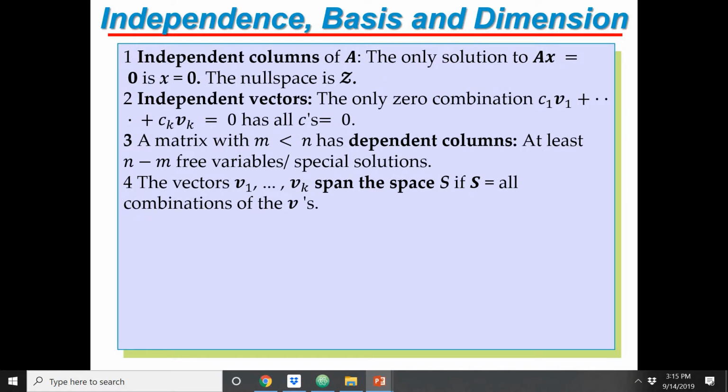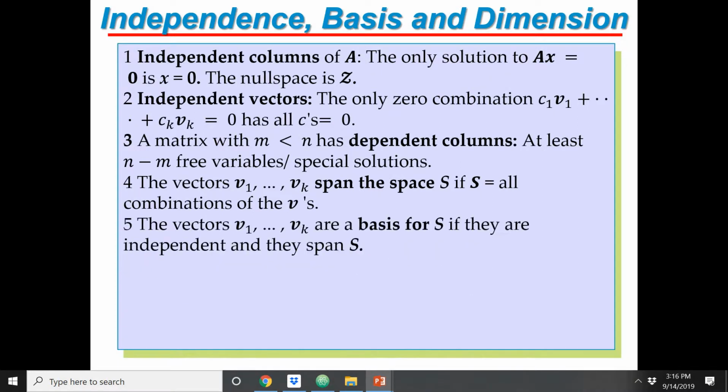Now, if I give you a space S, you can have various sets of vectors that span that space S. If you are looking for the minimum set of vectors that span the space S, then these vectors form a basis for that space, and they are independent vectors.